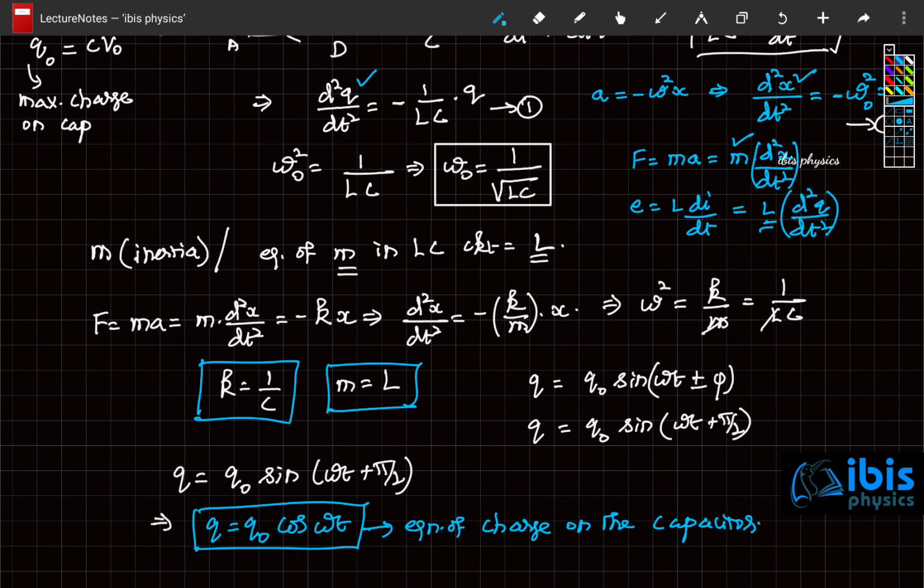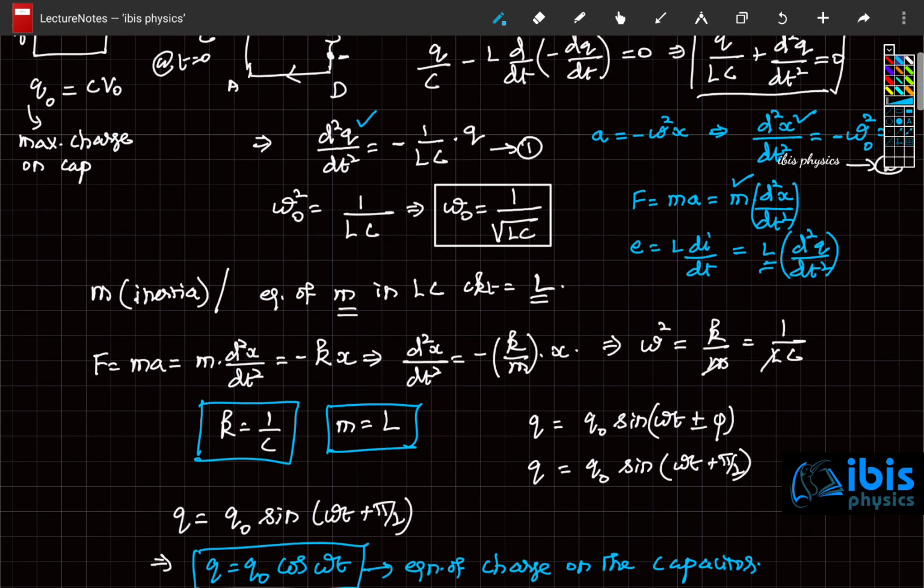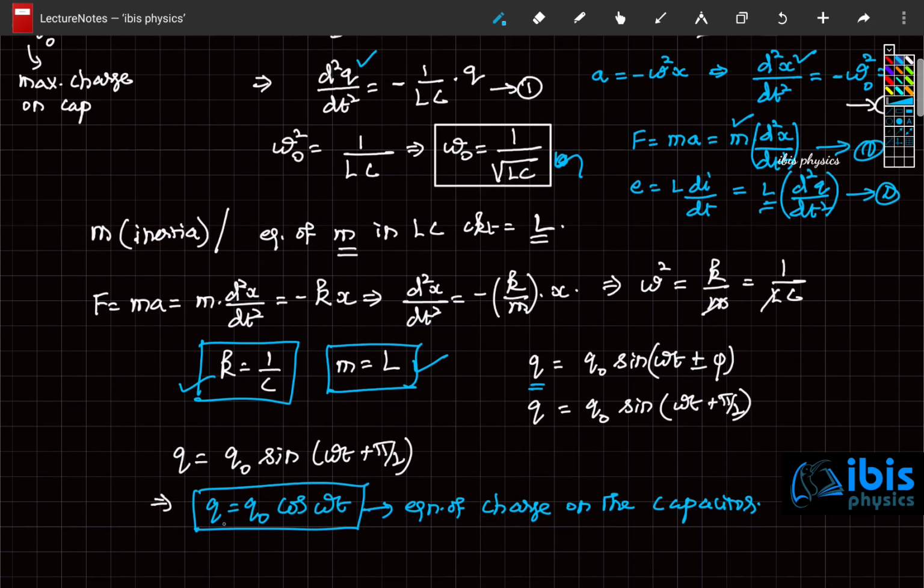A few things which we compare here. F is ma, and that is equivalent to this. Comparing these two equations, the resonant frequency is 1 by root over LC. The electrical inertia is inductance, the force constant is the reciprocal of the capacitance, and the electrical displacement is the charge at any instant on the capacitor, given by q equal to q naught cos omega t.